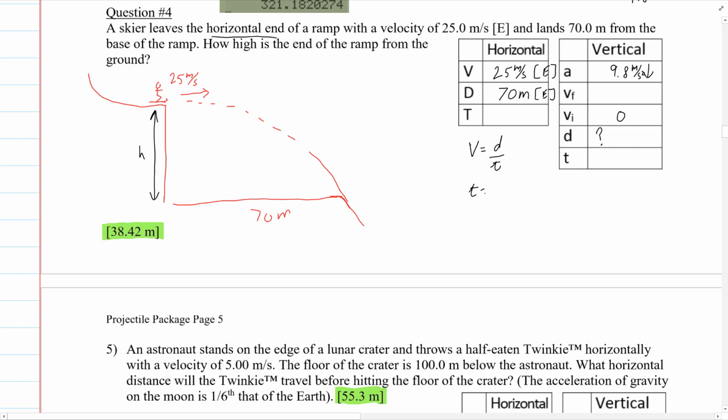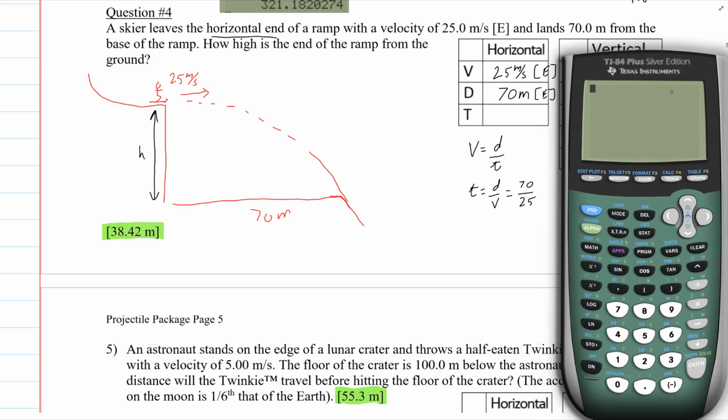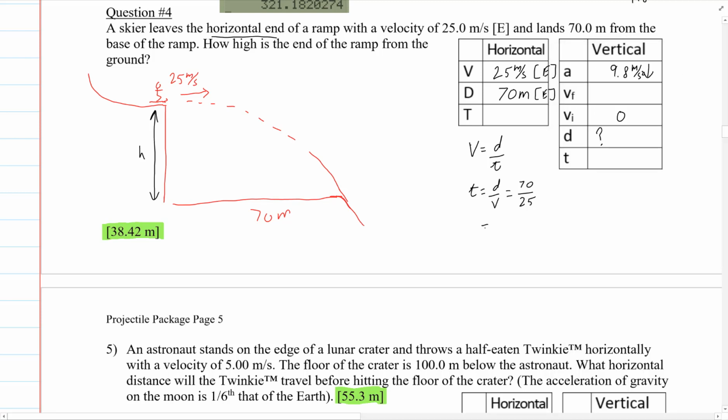So time is going to be displacement over velocity, and that'll be 70 over 25. Pulling up our calculator because, hey, can't always trust ourselves. 70 divided by 25 is 2.8. So he's in the air for 2.8 seconds.